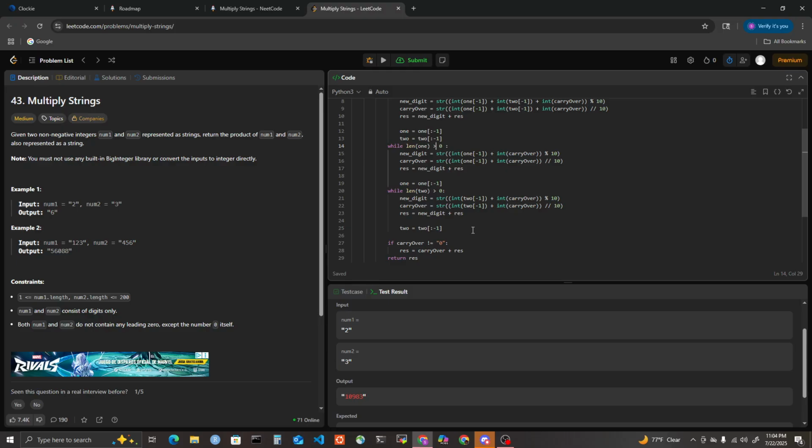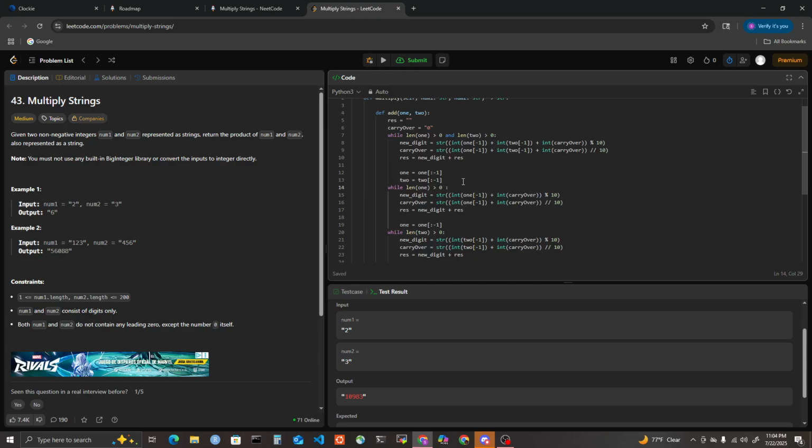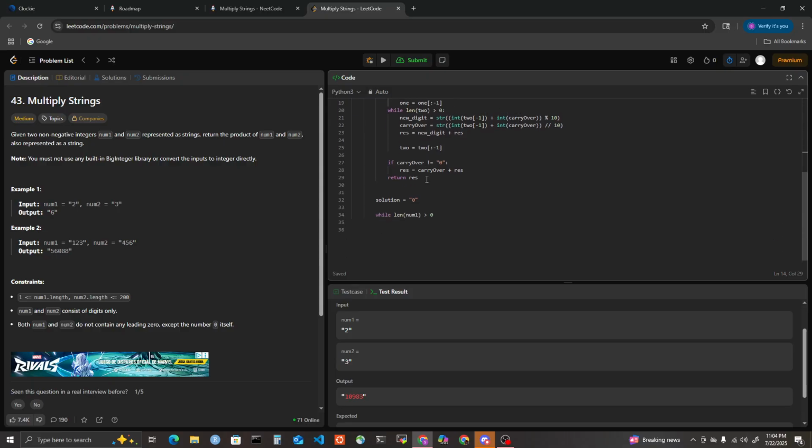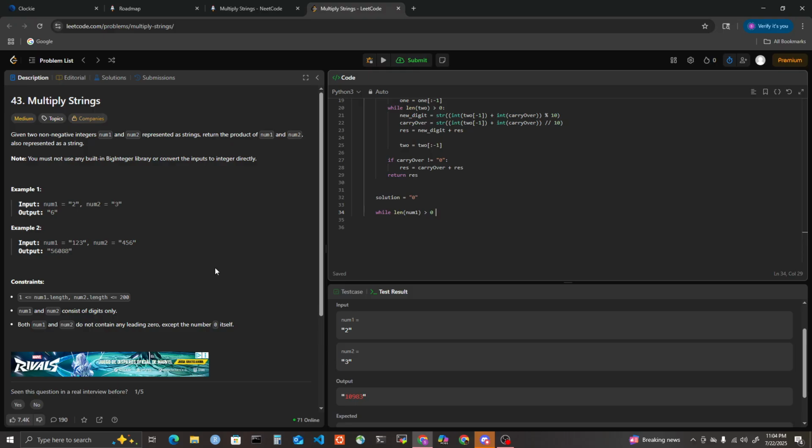I'm surprised this doesn't give me any problems with the greater than. Oh, because I'm looking at the length. Right. Silly. I'm not looking at the index, we're just looking at the length.